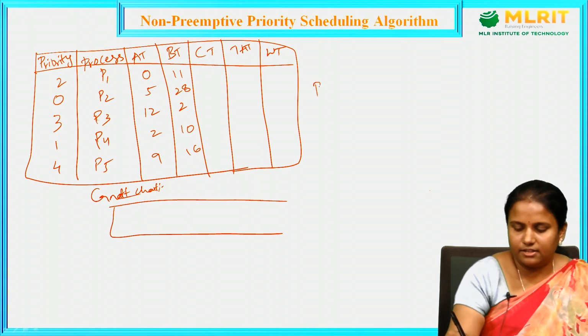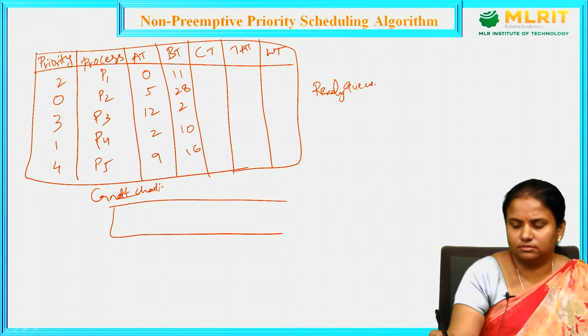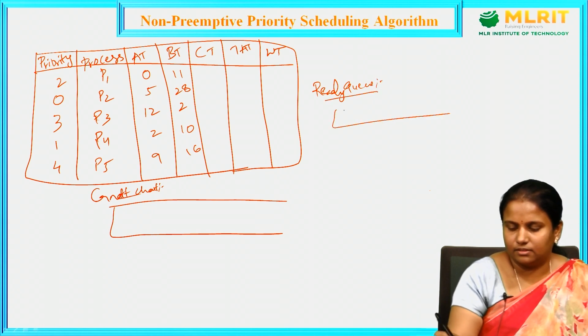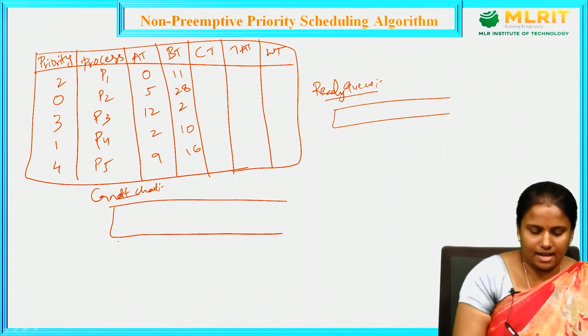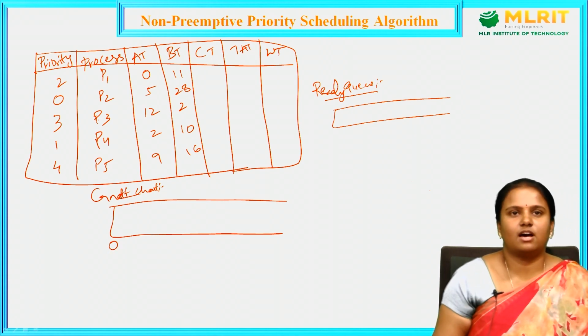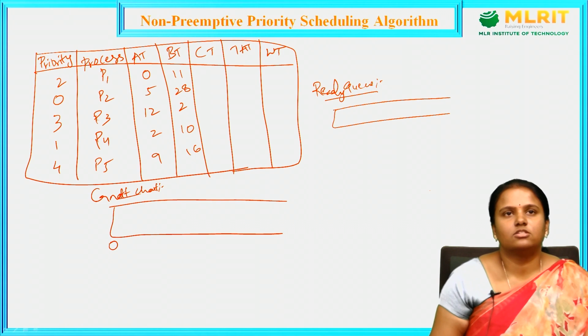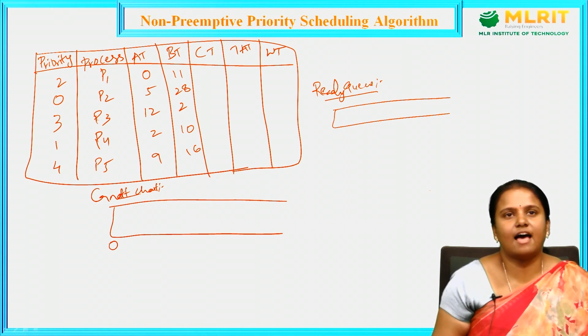Gantt chart and ready queue. As you all know, our Gantt chart starts from 0. Arrival time starts with 0. Which process is ready at arrival time 0 from all the 5 processes? P1 is ready.